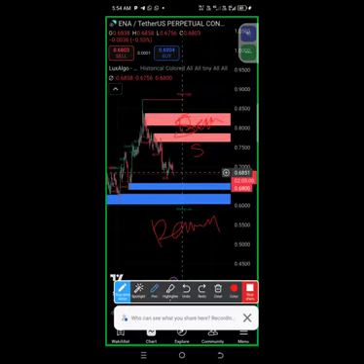If we just consider within the zone and where liquidity exists, we are going to make entries.